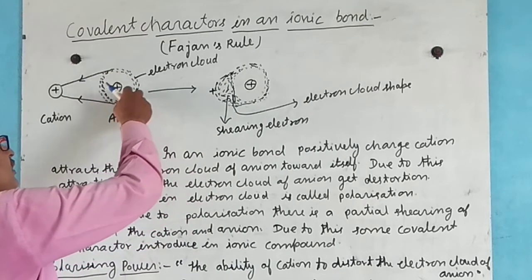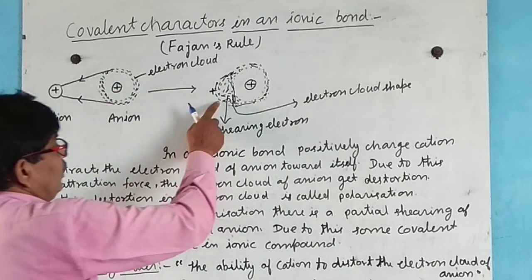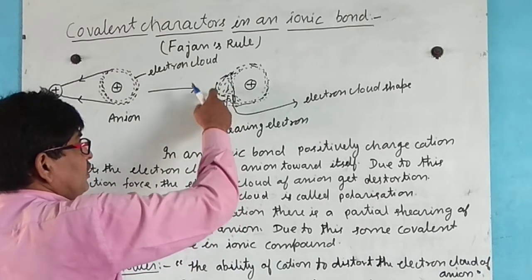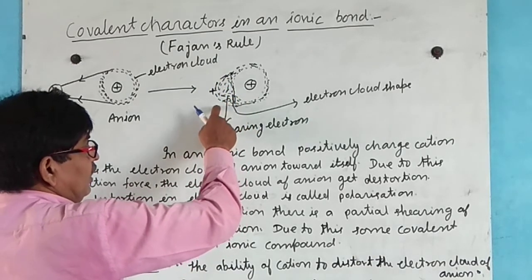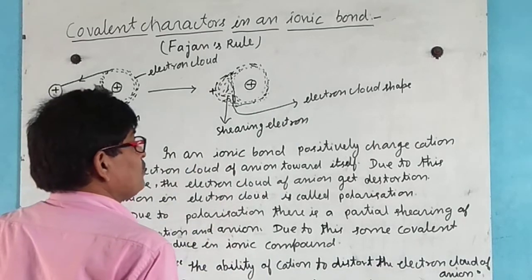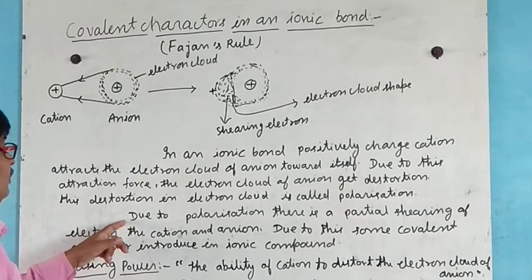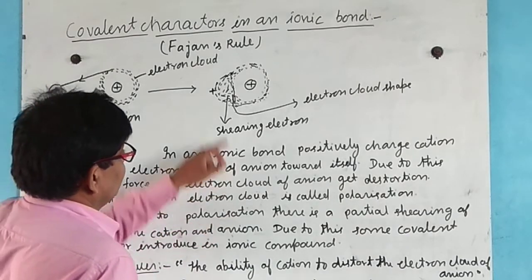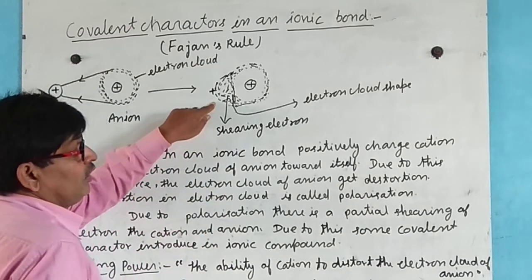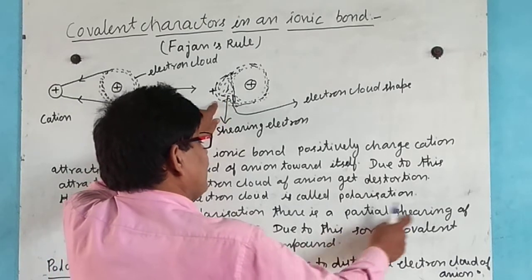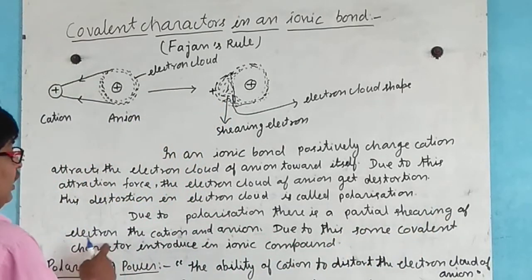The shape of the electron cloud changes. This distortion of the electron cloud is known as polarization. Due to polarization, there is a partial sharing of electrons.